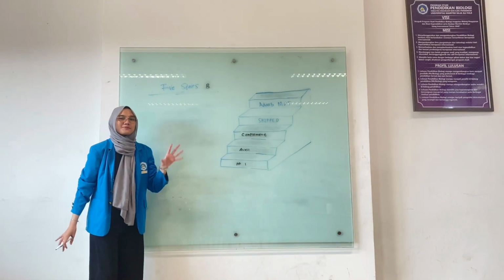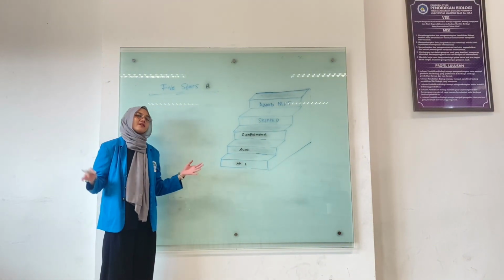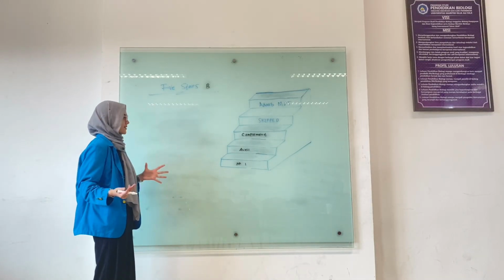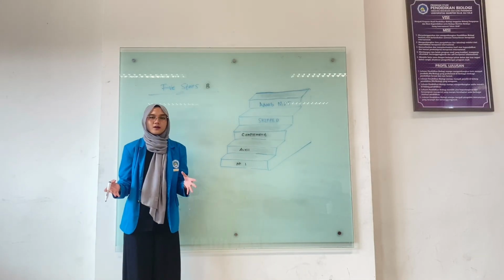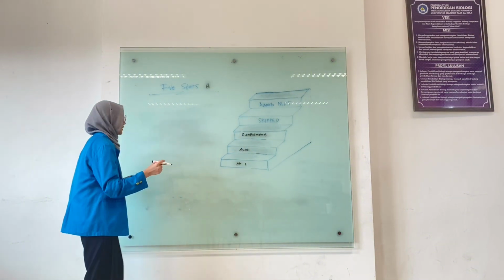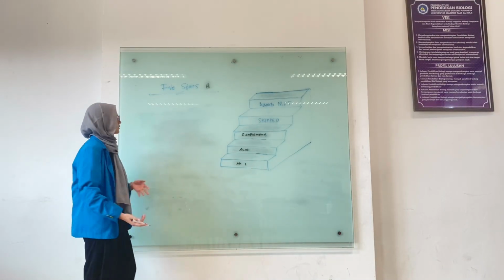So I will explain how to construct a nominal sentence in a form of perfect tense. As we know, when we want to construct a sentence in a perfect form, we have to use an auxiliary. What is an auxiliary?